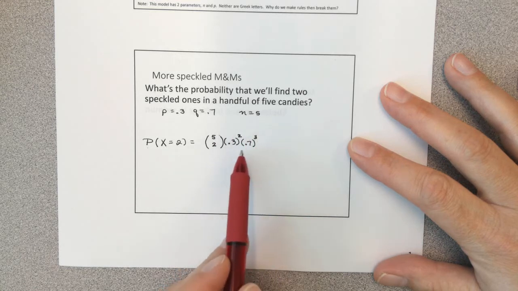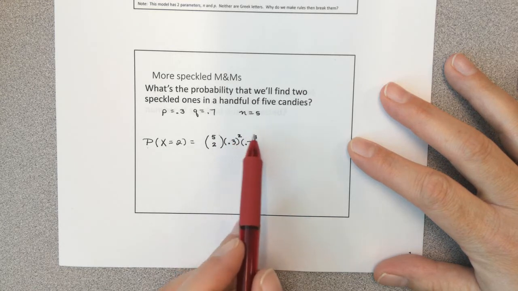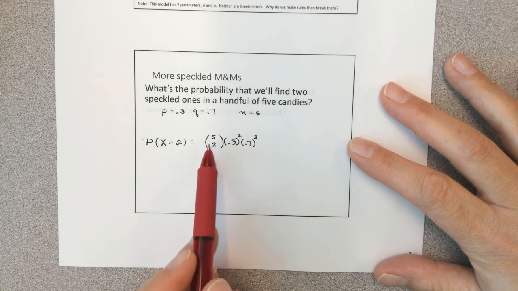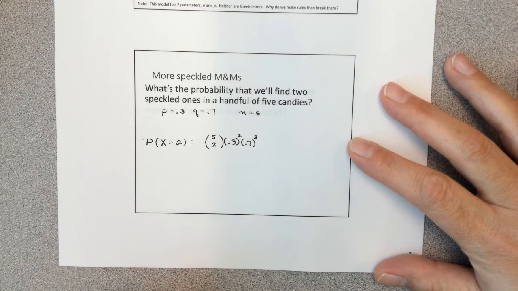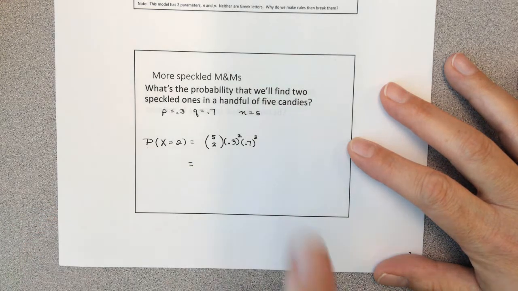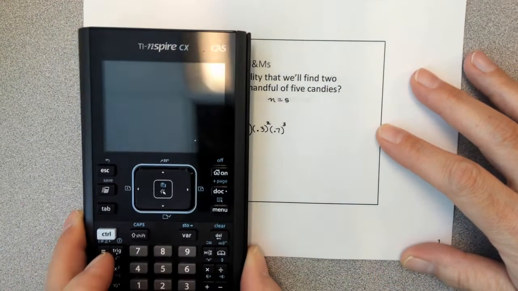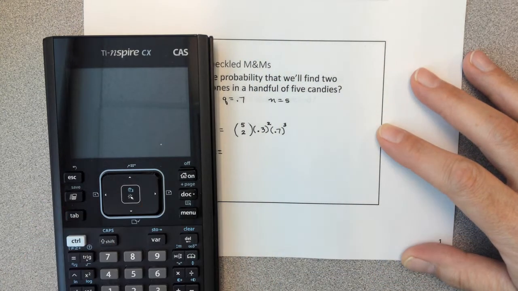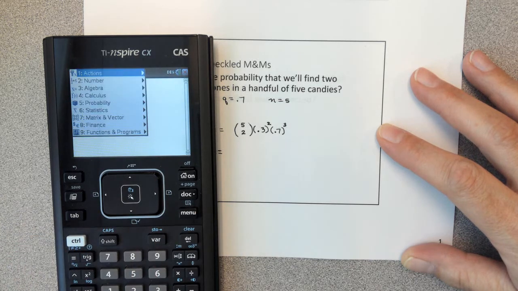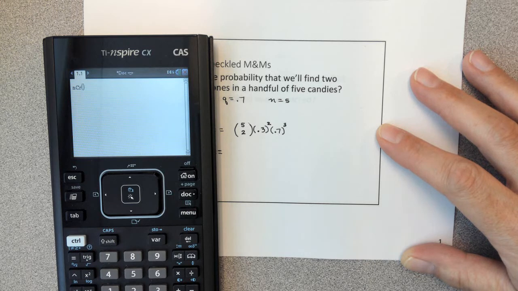This finds the probability of that happening one time, and then we multiply it by all the different ways it can happen, and that gives you the probability of all the different possibilities. Now we have to get that in the calculator. I want to be on a calculator page, menu, probability, and combinations, number 3.